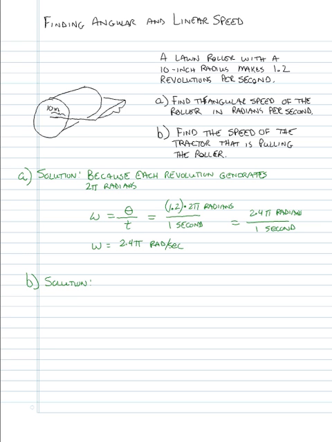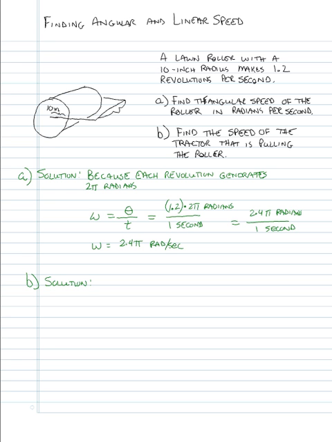Now, the linear speed, remember, is what we want to know, the speed of the tractor. But the speed of the tractor is actually the linear speed of a spot on that roller. That's how fast we're going.